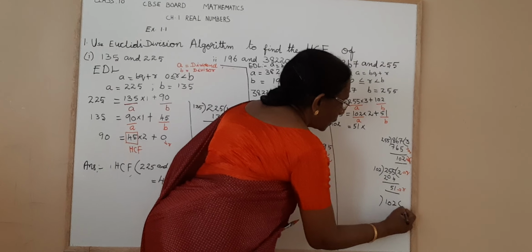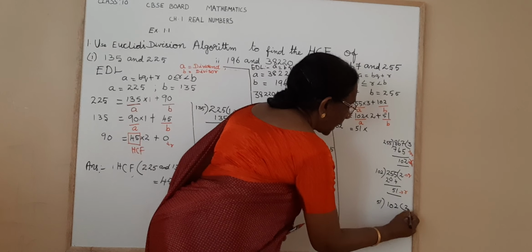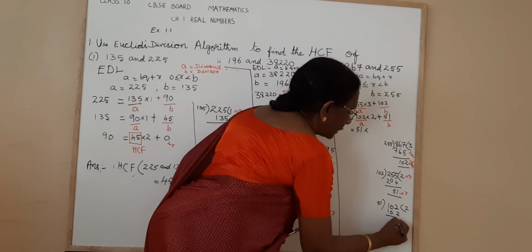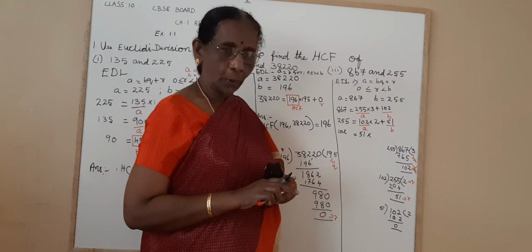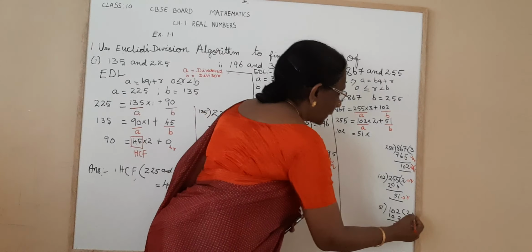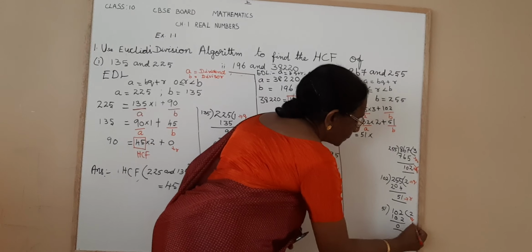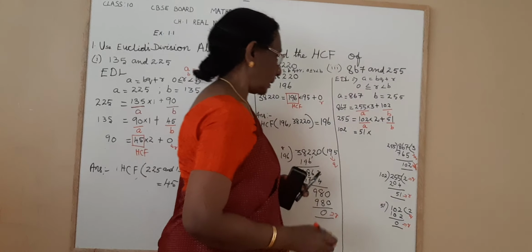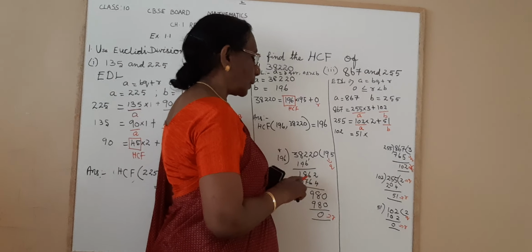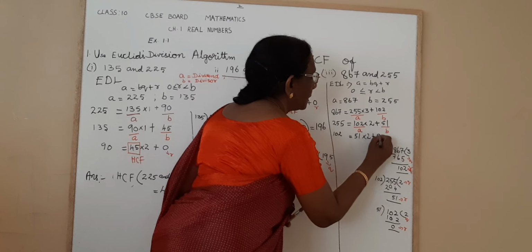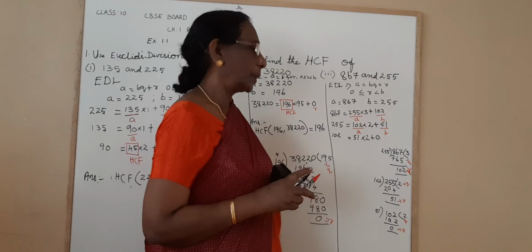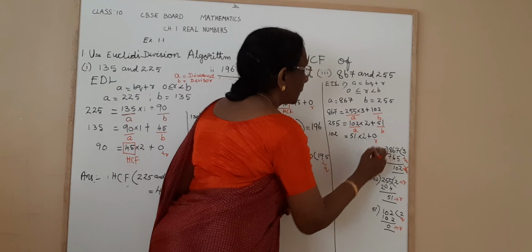Obviously you know it goes 2 times. So we got the remainder as 0. So can we stop the step? Yeah, good. Very good. We can complete the step 2. This is the remainder. Now 51 into how many times? 2 plus the remainder is 0. So we got the remainder as 0.